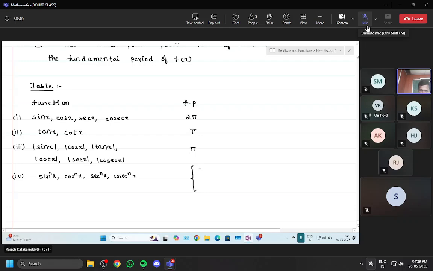Case 1, you will get 2 pi as the fundamental period whenever n is odd. You will get pi whenever n is even. Now, whatever power you take, tan power n x and cot power n x will always have fundamental period pi.